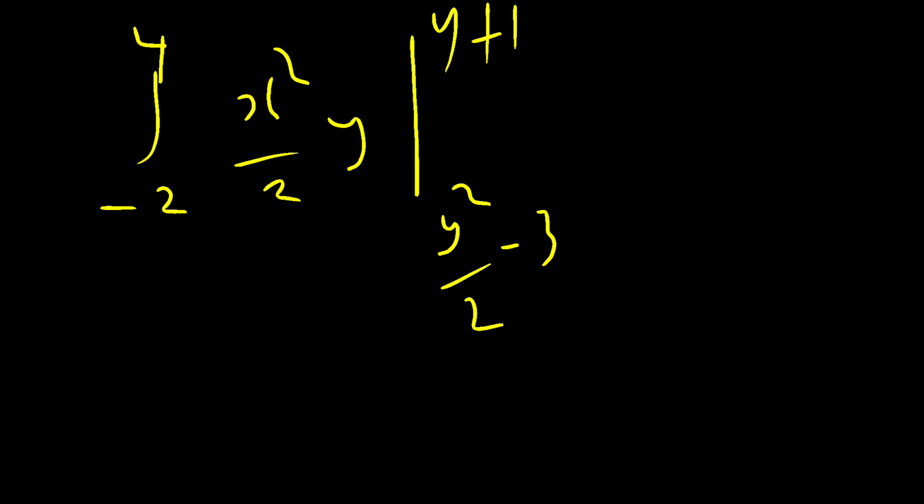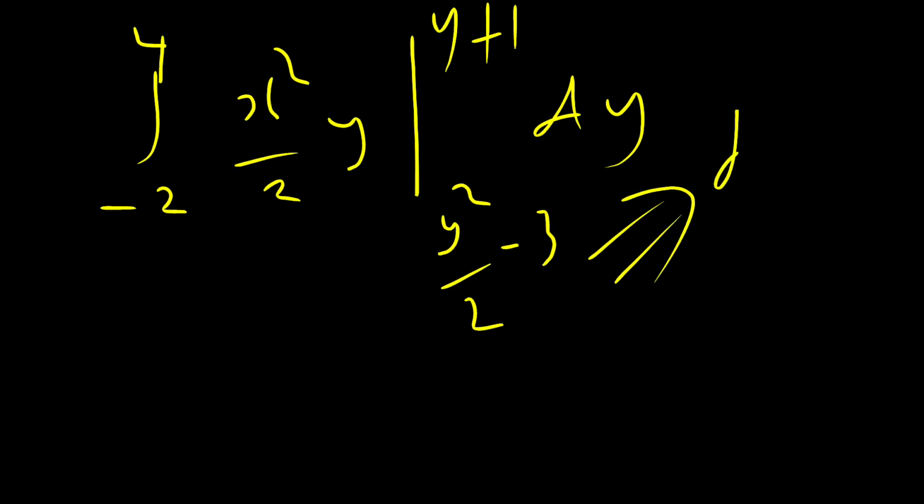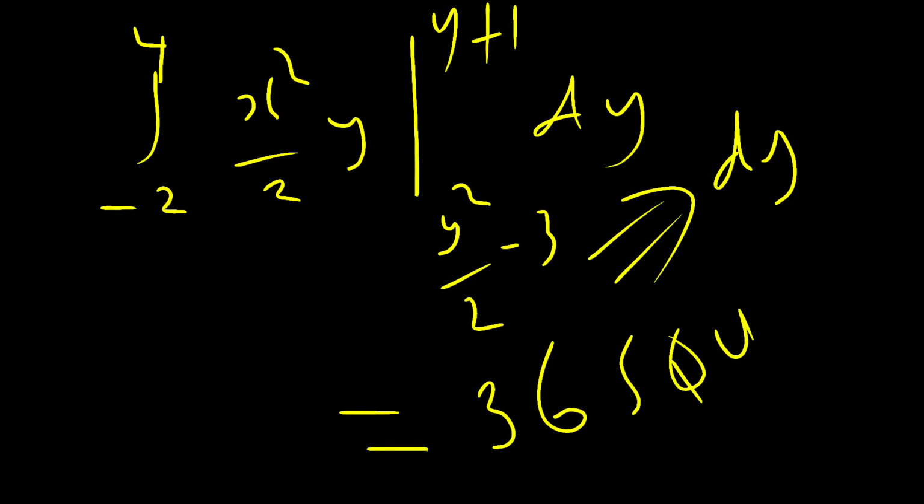Then dy. Substitute back the relevant terms, and afterwards you integrate in respect to dy, and after substituting negative 2 and 4, you'll find that the solution is 6 square units, and that basically is the solution for that.